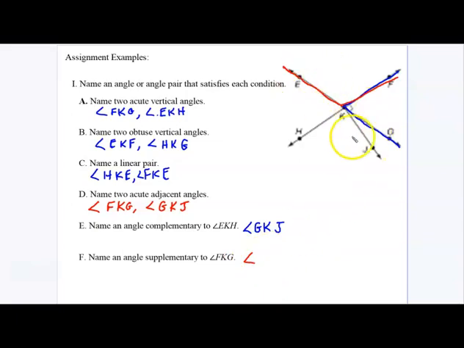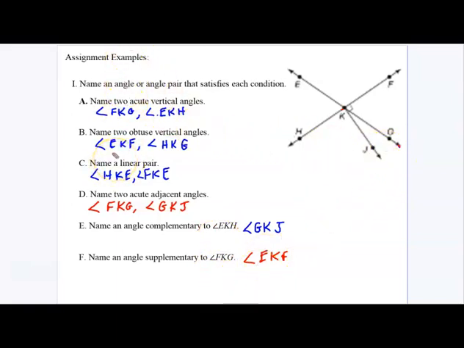So I will say EKF. And you could also, if you wanted to, say GKH. That would work as well. But you just need one answer, and either one of those would be correct. Okay, that takes care of those examples.